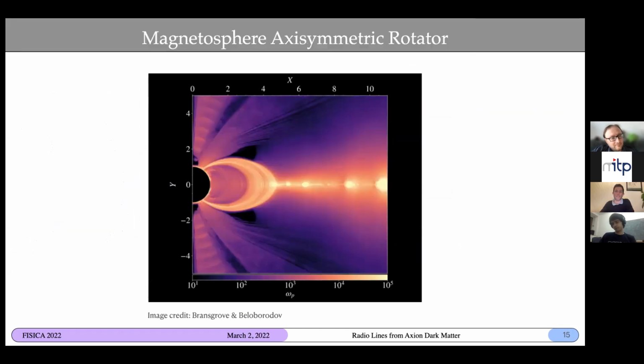The final thing I'll say is that I was discussing with Andrei Beloborodov and his group, and they were kind enough to generate a plasma frequency distribution from the recent aligned rotator simulation. It has been my hope to incorporate this directly into our ray tracing to understand what the systematics of this are, but we haven't actually gotten around to it yet. This is certainly the next item on our agenda.